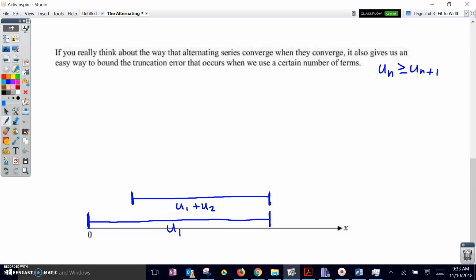Maybe I should use a in here instead, because these are actually the alternating terms. So it takes a little bit off, but not as much off to take us past 0. And then the next term is a little bit smaller, so when we add the next alternating term on there, we'll get this value as our sum.